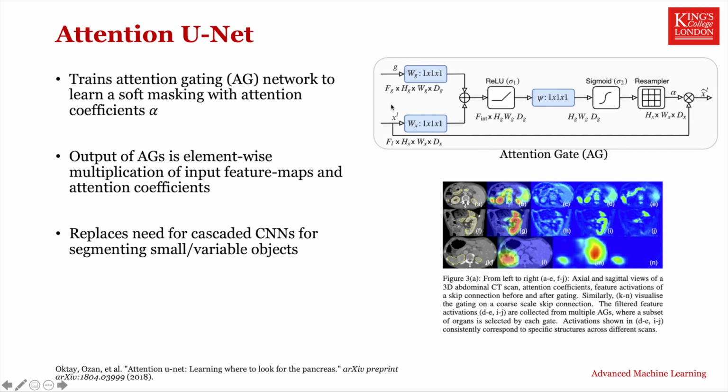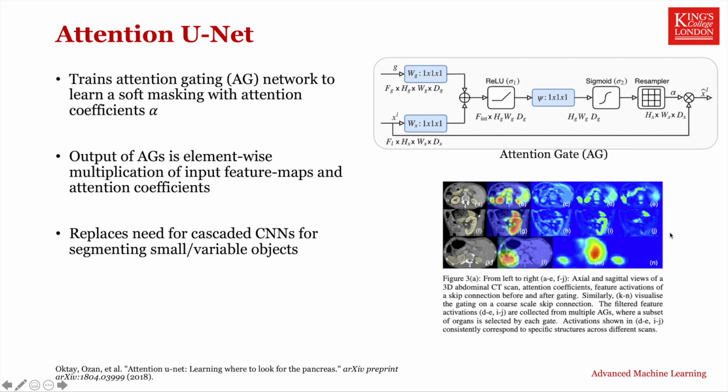So here, x are the input activations, and W_g and W_x here are gating coefficients to be learned. The output of each attention gate is some coefficients alpha, which element-wise multiply with the input feature maps to focus attention of the segmentation network at some specific location.